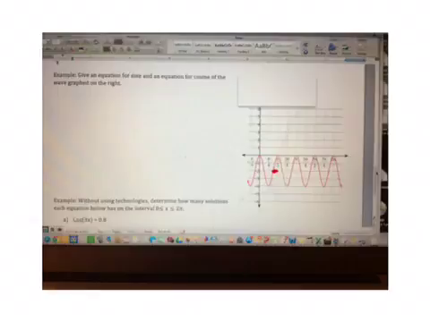And that means that it has shifted over. It's somewhere between pi over 4, which is 45 degrees, and pi over 2, which is 90 degrees.